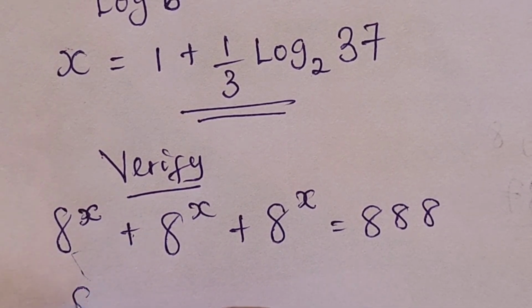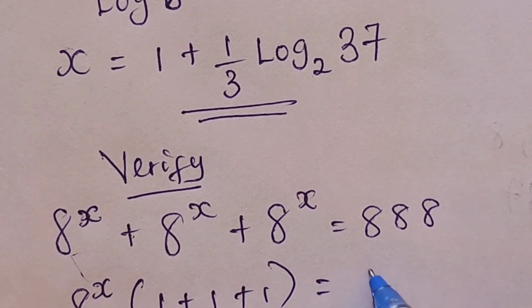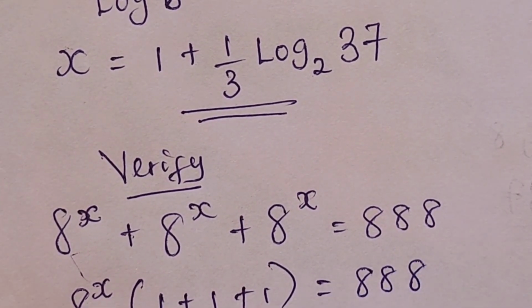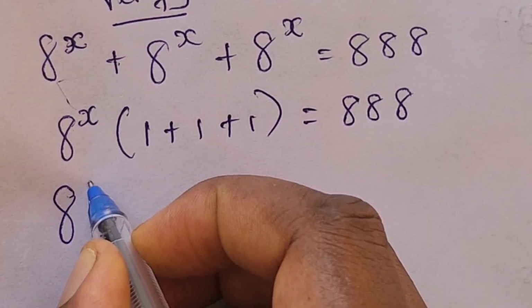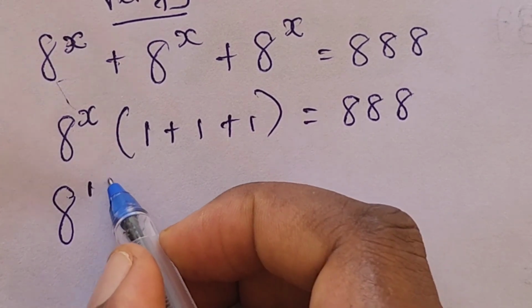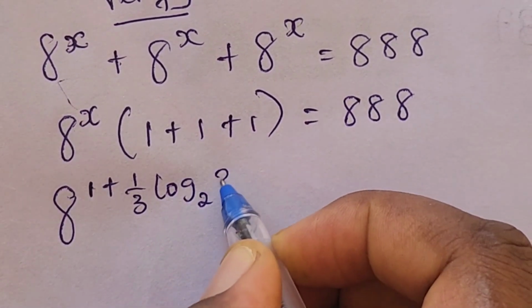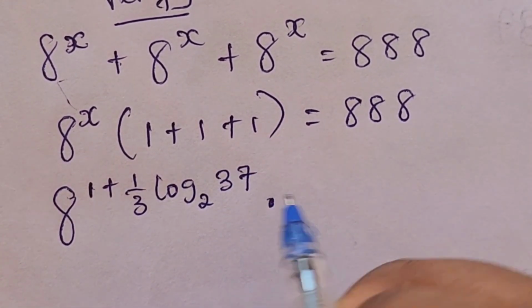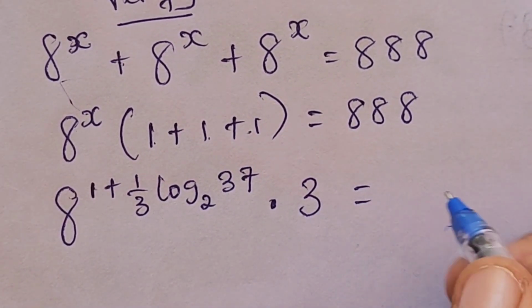So I can factor out this to have 8 to the power of x times 1 plus 1 plus 1, which is equal to 888. So we have our x to be 1 plus 1 over 3 log to base 2 of 37 times we have 1 plus 1 plus 1, which is 3, and is equal to 888.